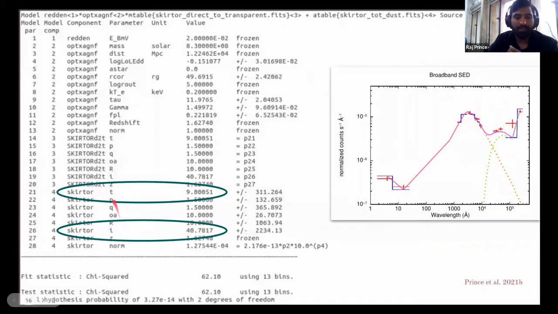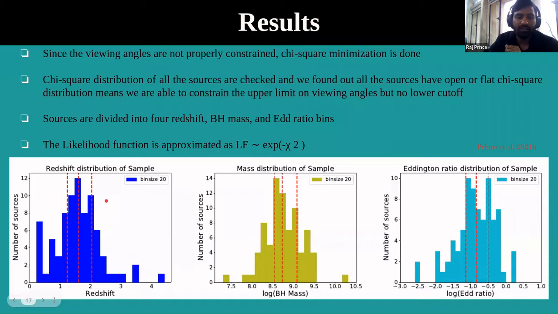By measuring these two parameters, we try to see if there is any evolution with redshift or with the torus parameter. The sample that we have collected has a redshift range of around 0 to 4, and we have also checked if there is any trend with the black hole mass and the Eddington ratio of the source.